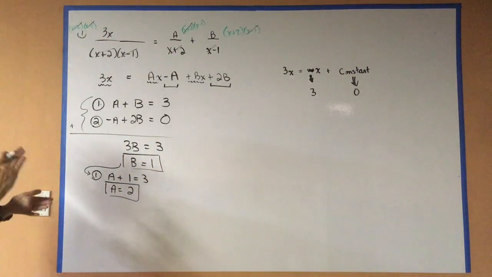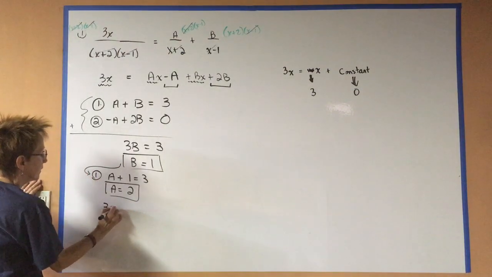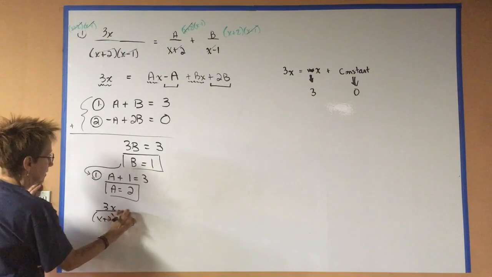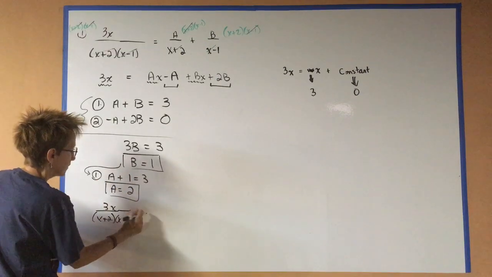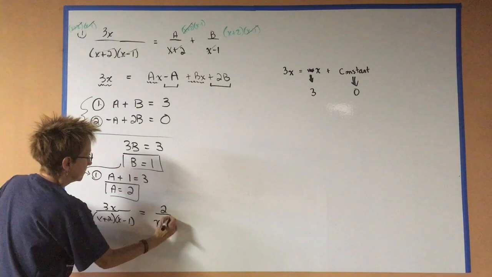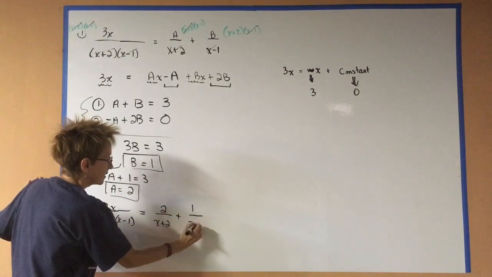So here's my final answer. That means that 3x over (x plus 2)(x minus 1) is equal to a, which is 2 over x plus 2, plus b, which is 1 over x minus 1.